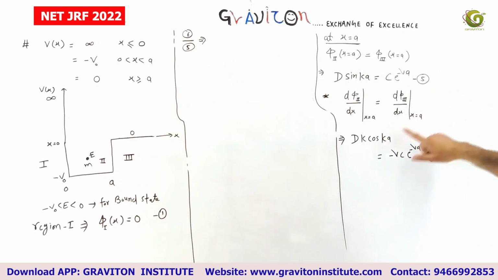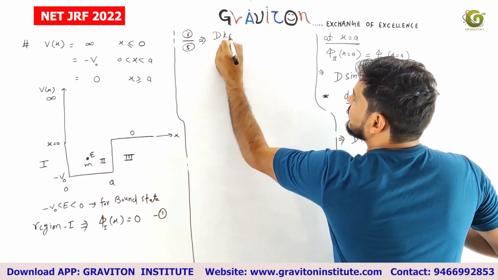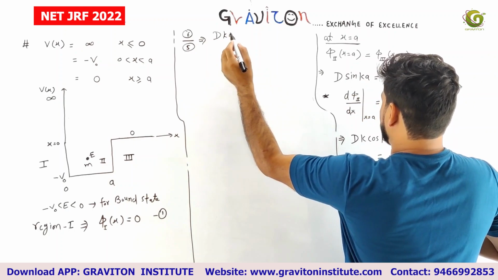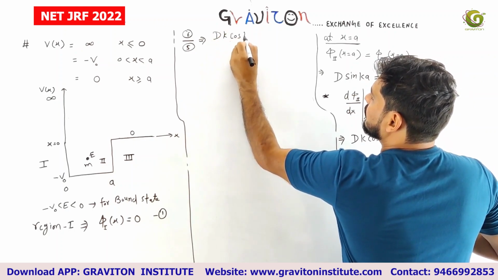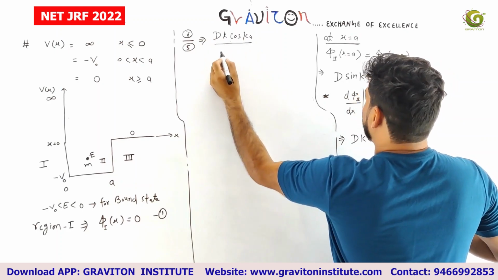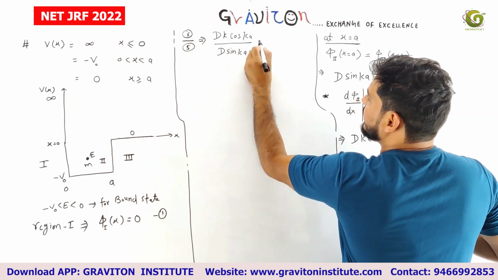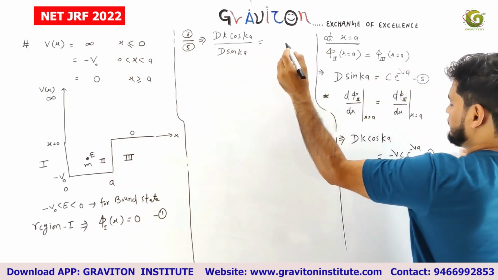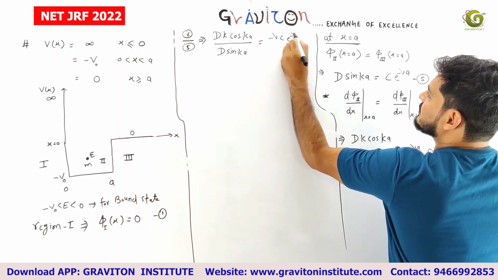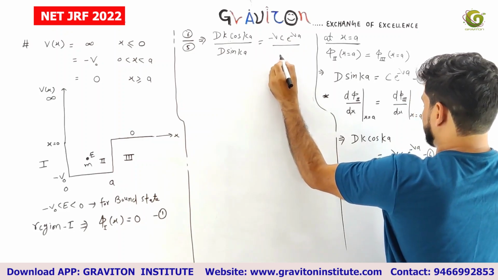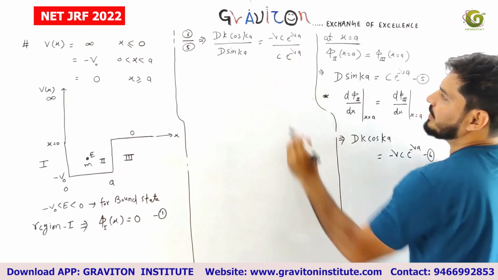So what you will get? dk cos ka divided by d sin ka, and this must be equal to minus gamma c e to the power minus gamma a divided by c e to the power minus gamma a.